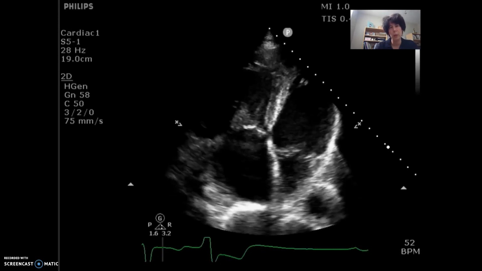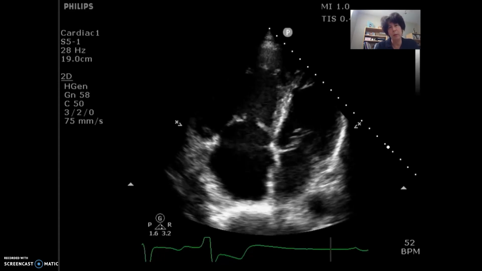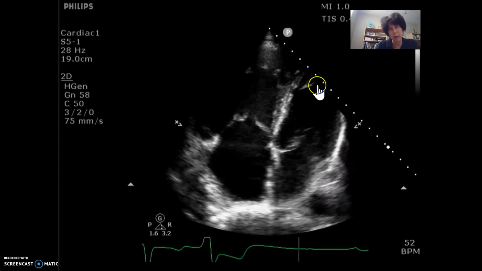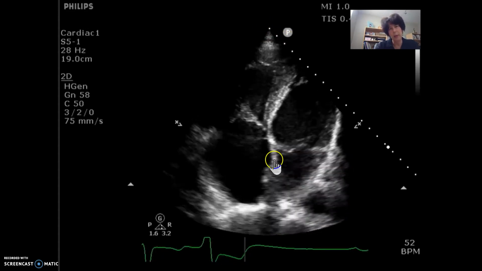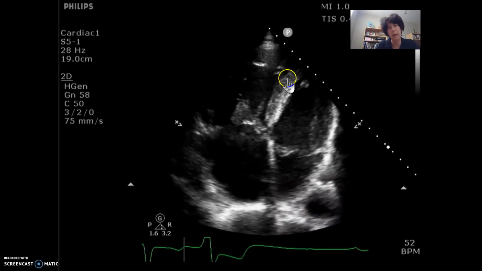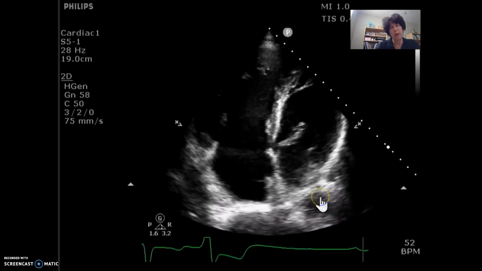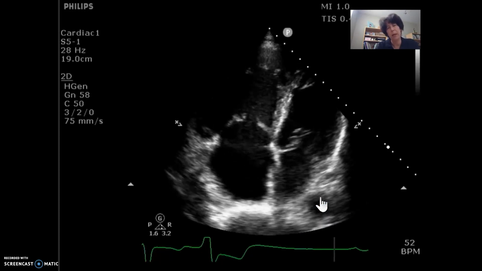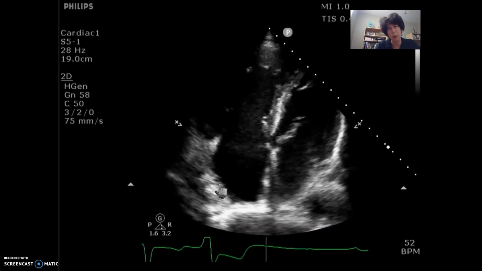Here's our apical 4. On a normal apical 4, what we want to really see is that LV being dominant in the apex with a nice perpendicular septum. Now the reason this image is not giving you that is not because there was bad image acquisition, but because the RV is so large.